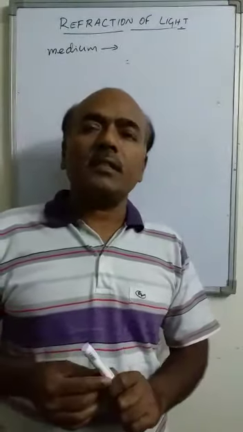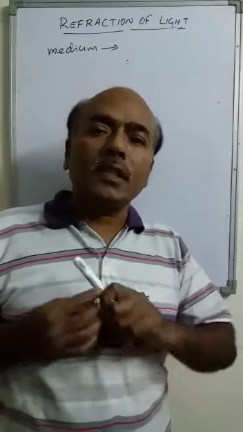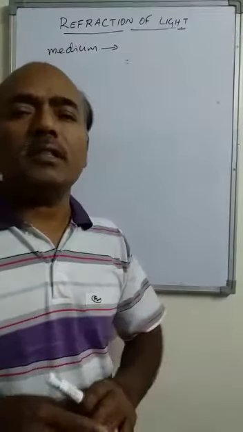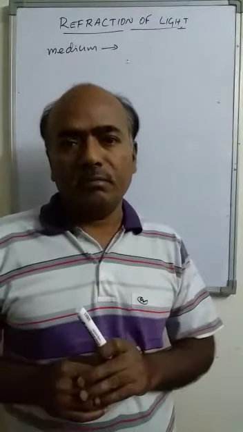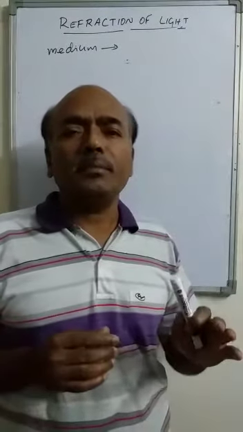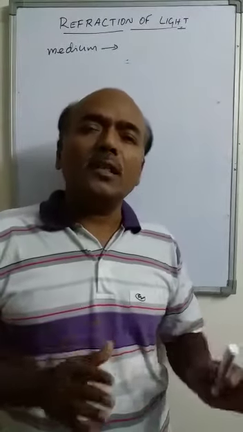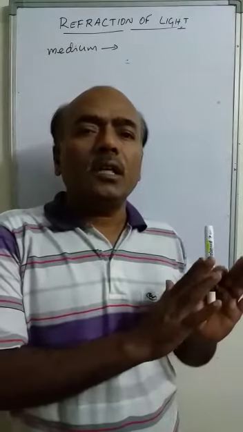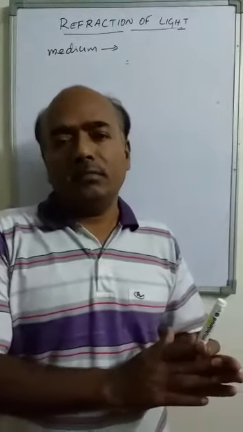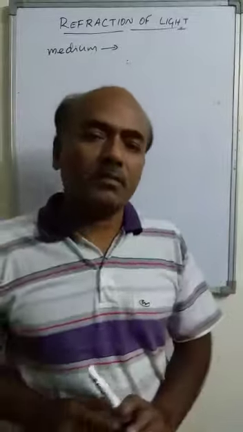When light travels through the same medium, it travels along a straight line. There is no deviation in the path unless we put any obstacle on its path.